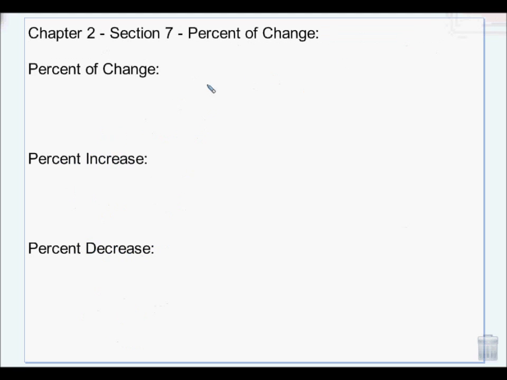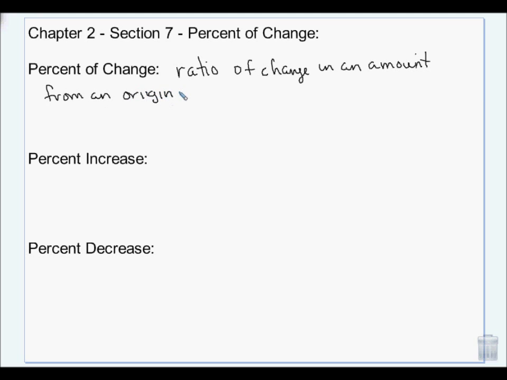Okay, the percent of change is a ratio of change in an amount from an original, whatever your original amount was, and that's expressed as a percent.